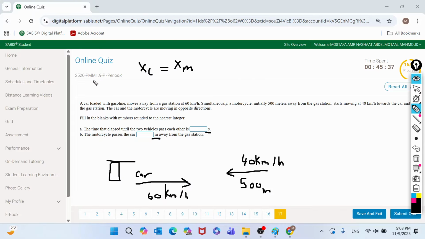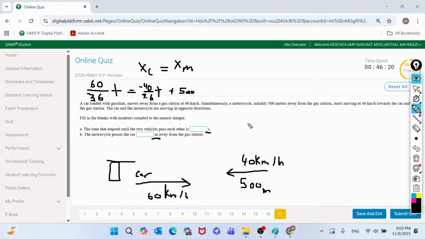I'm not going to do the whole conversion now, just do 60 over 3.6, because that's how you convert. vt plus x0, which is 0, equals negative 40 over 3.6 t plus x0, which is 500.